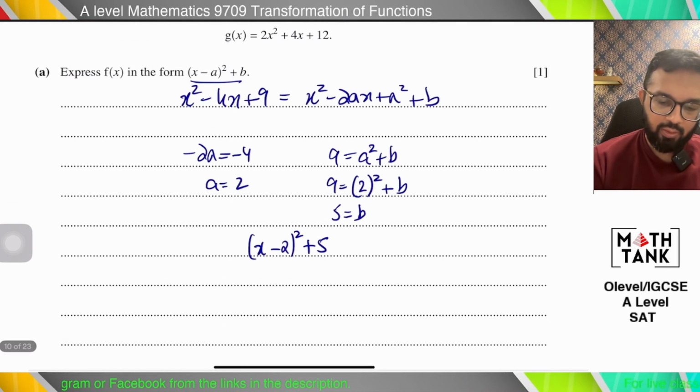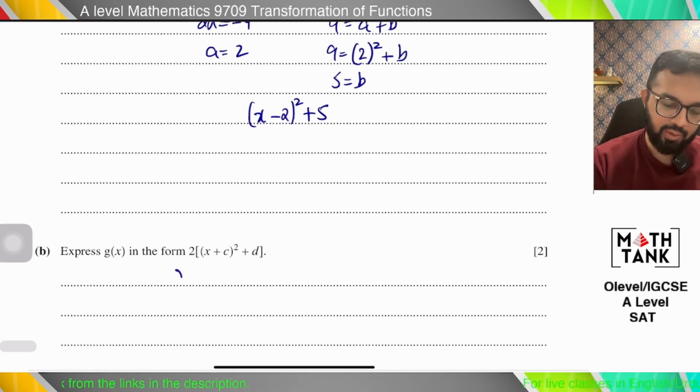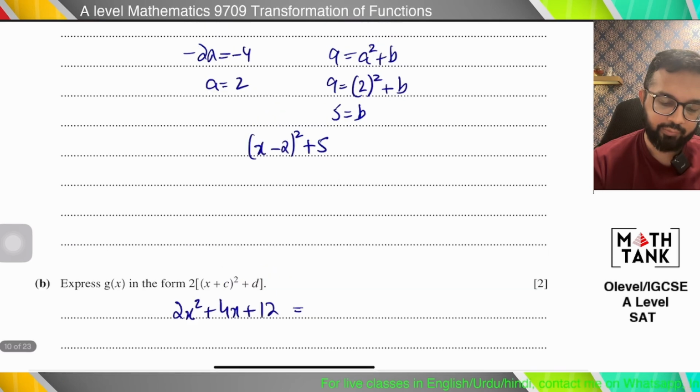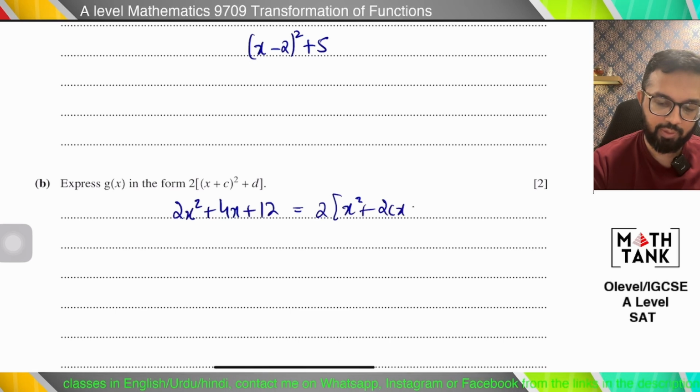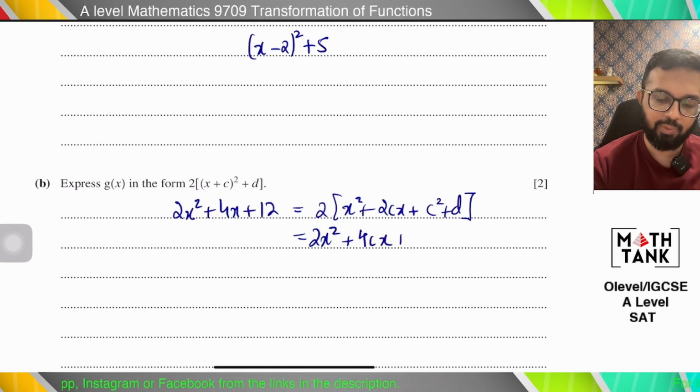Okay, this has a particular form to it. 2x squared plus 4x plus 12. 2 times x plus c whole square plus d, so 2x squared plus 4cx plus 2c squared plus 2d.